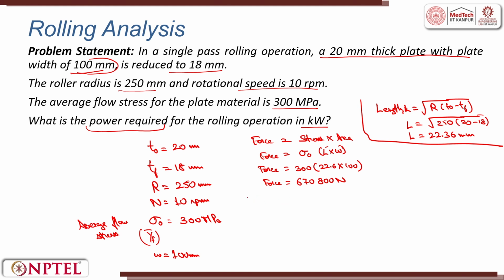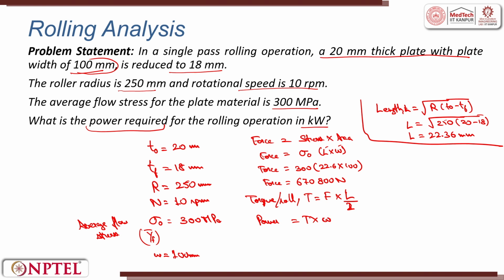Now, torque per roll. Torque per roll is given by T, which is equal to force into the average length, that is L by 2, and power is equal to torque into the rotation speed.